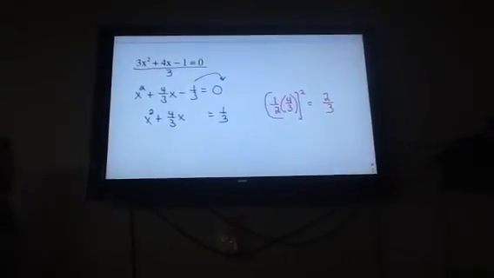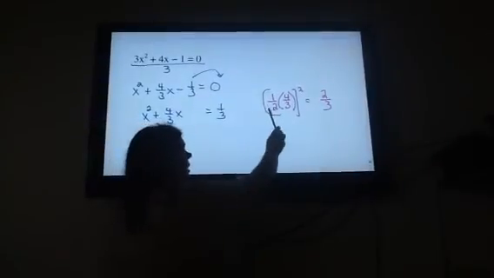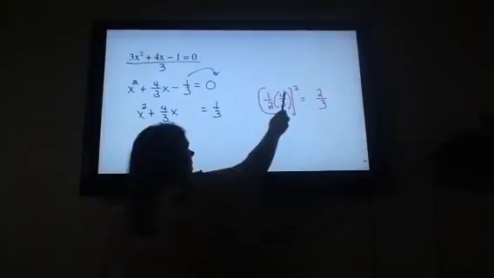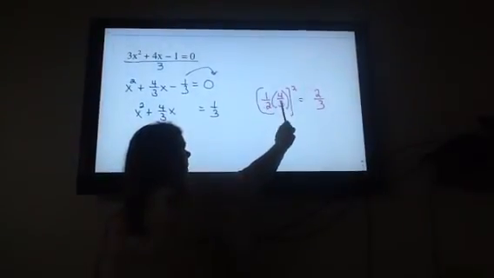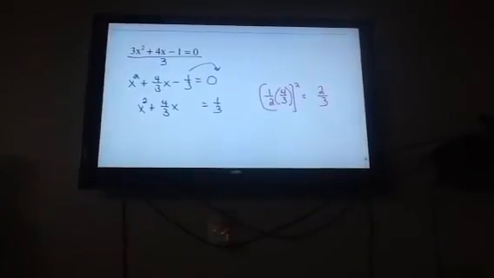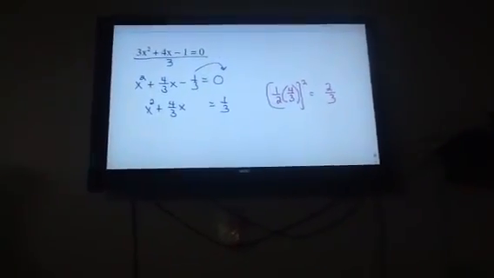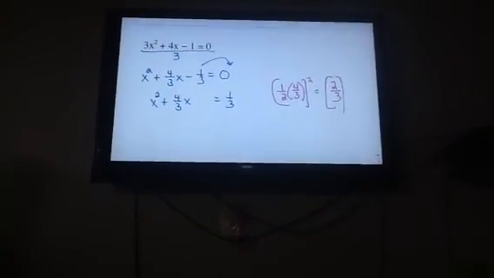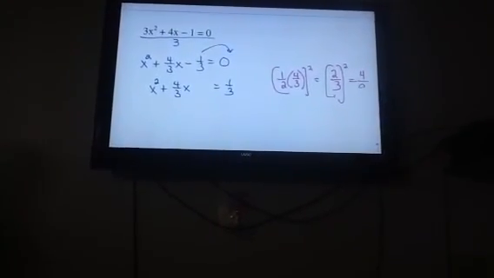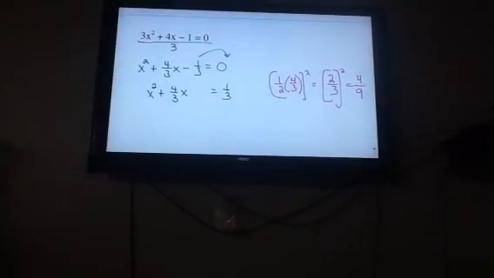I just did it in my head. So mentally I took this 2, canceled it, and went into 4 twice. And I took 2 times 1 and 1 times 3. Or actually, half of 4/3 is 2/3. Square it, and I have 4/9.